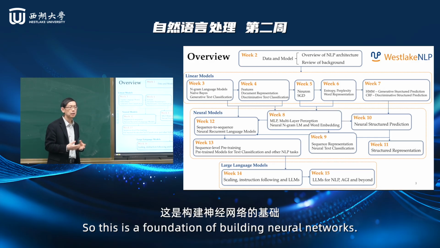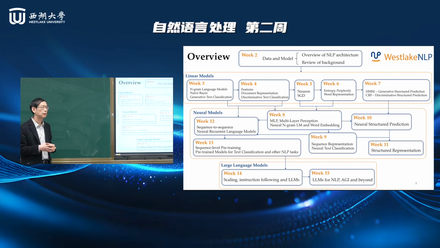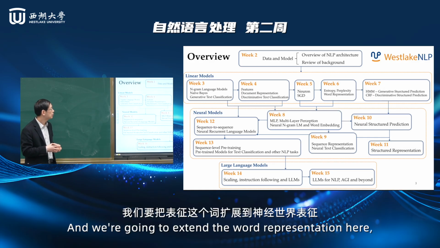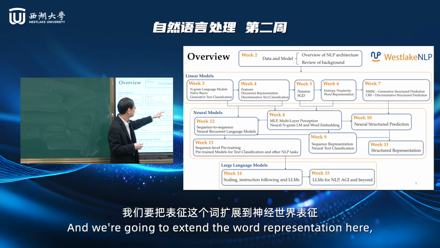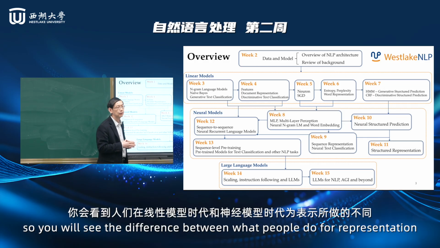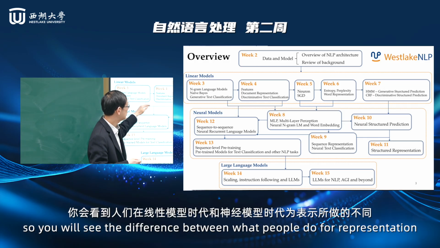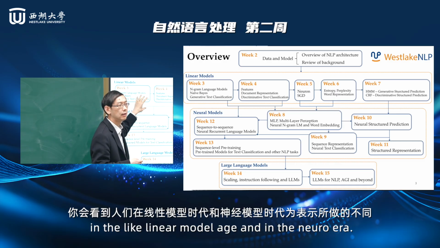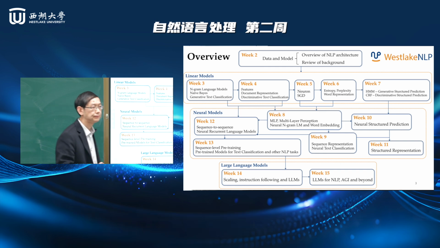This is the foundation of building neural networks. And we're going to extend the word representation into neural word representation. So you will see the difference between what people do for representation in the linear model age and in the neural era.